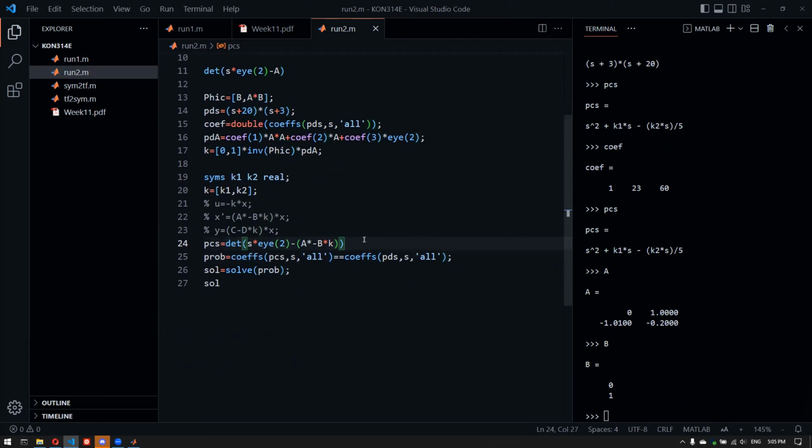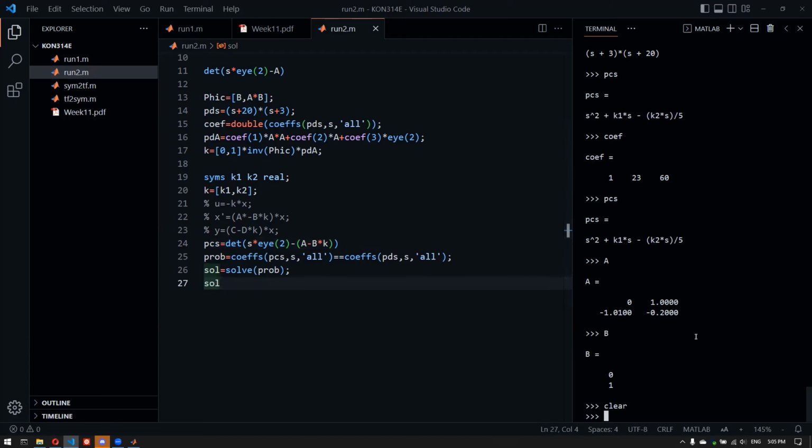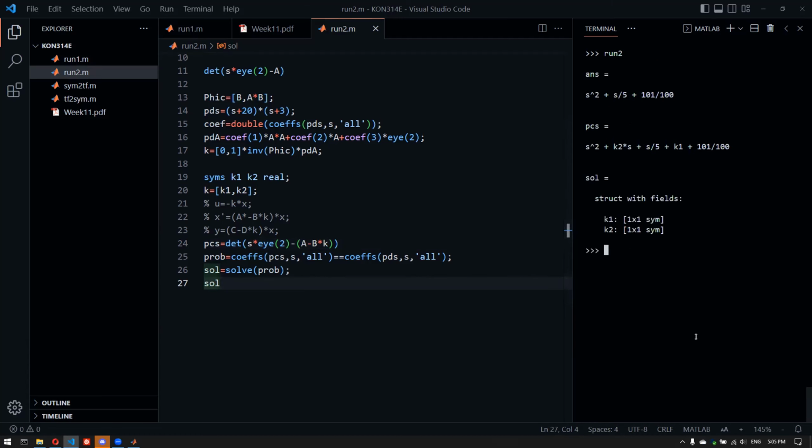It's sI minus A minus. Oh, there's a multiplication minus sign, which is weird. So let's try it again. Now we go sol.k1, sol.k2.